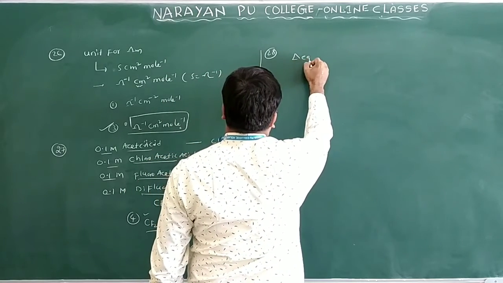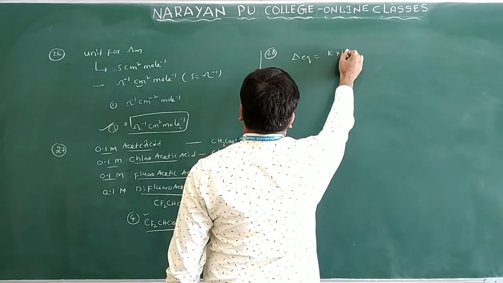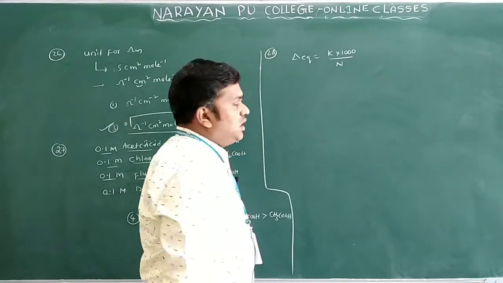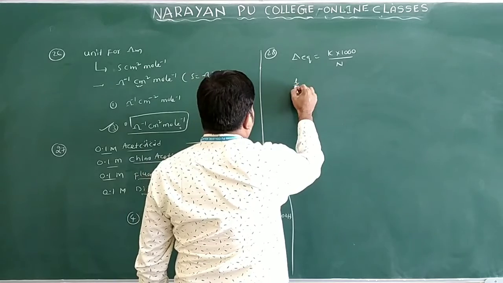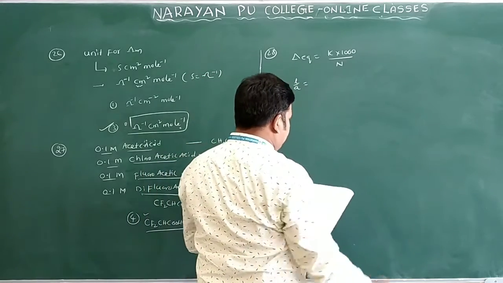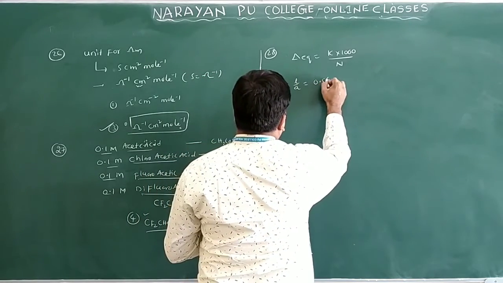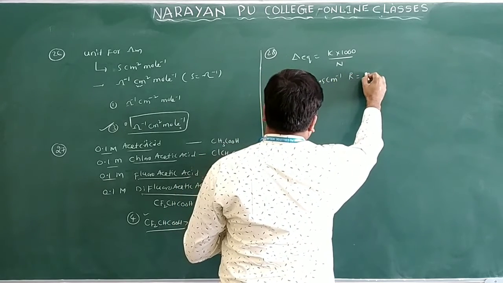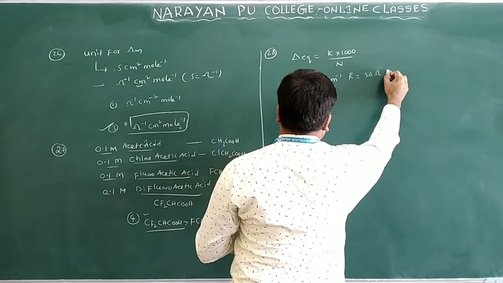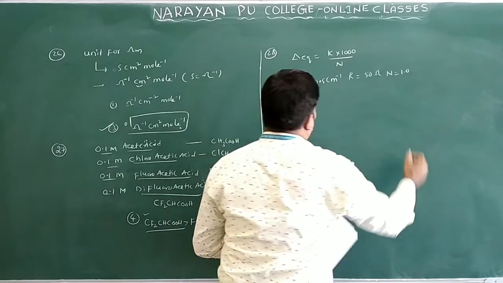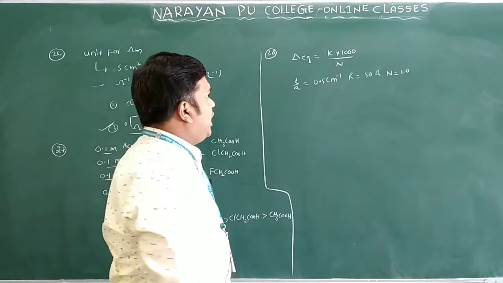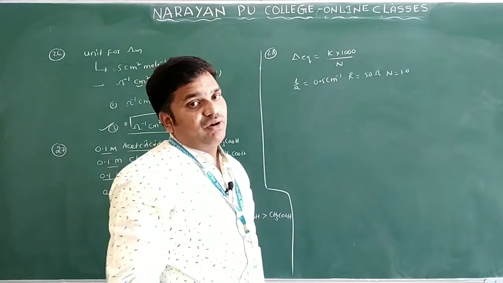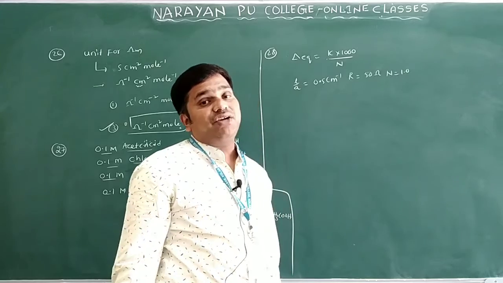Equivalent conductivity is equal to K into 1000 by normality. So we have to first find out K, and then substitute the K value in this formula, and we will get the equivalent conductivity.